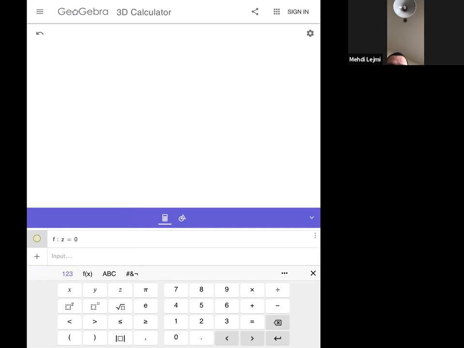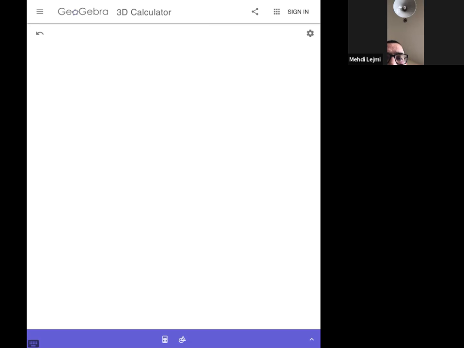It's blank, just a white page. I see the purple bar at the bottom, but that's it. Okay, how does this work? I'm sorry, guys. This is my first experience with this app.